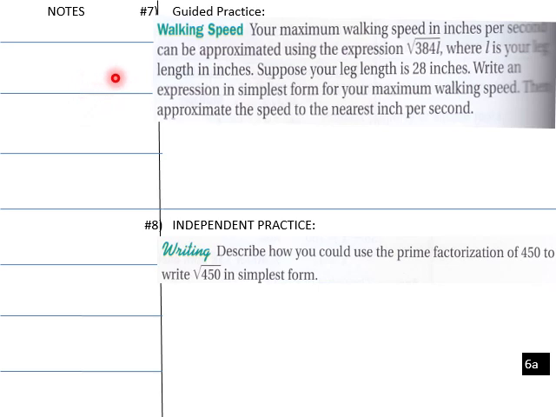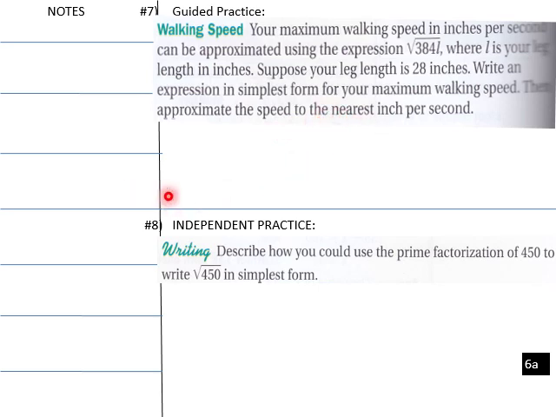So 384L, and we know the length in this situation is 28 inches. So that comes out to 10,752, and then we break it down to the largest perfect square, which would be 256 times 42. Radical 256 times radical 42 would be 16 times radical 42, so it'd be 104 would be the maximum walking speed in inches per second.